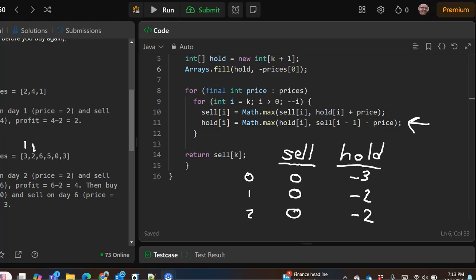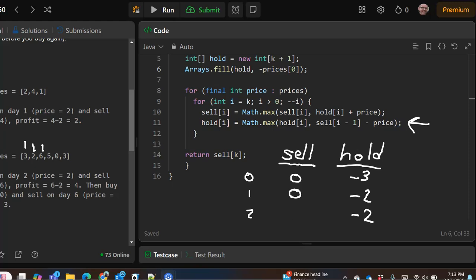Go to the next day. 6. All right, start here. Update the cell with either what's in there now or our hold position plus the price, which is negative 2 plus 6, and that's better than 0. So let's update that.